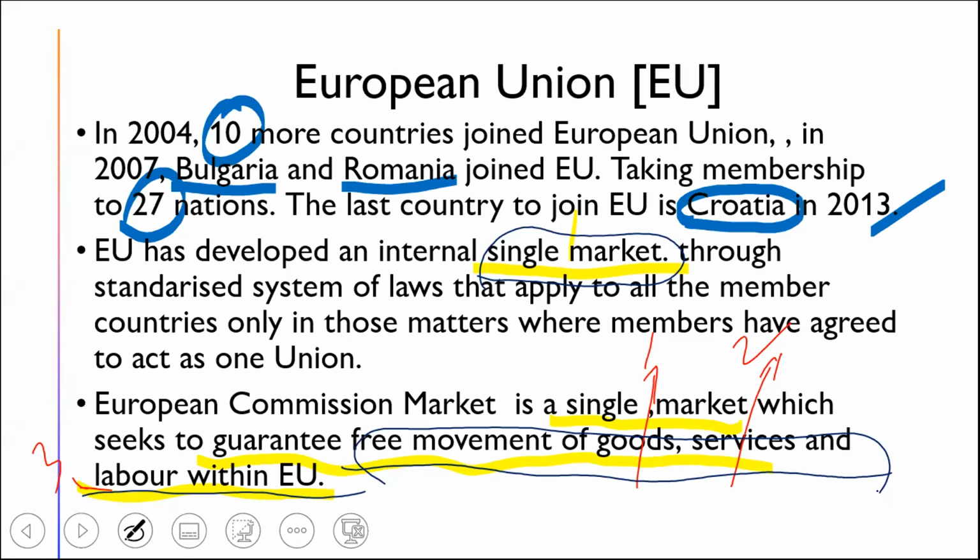Because trade among the member nations was encouraged, they wanted to see their own members prosper. Because of this, it was highly challenging for an outside country to enter the European Union. You have heard of ISO 9001 and so on: only after satisfying all the conditions and passing the European Union's quality standard will an Indian item go into the European Union. It was very difficult for a country to get access.